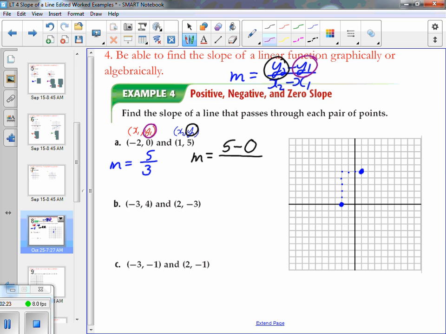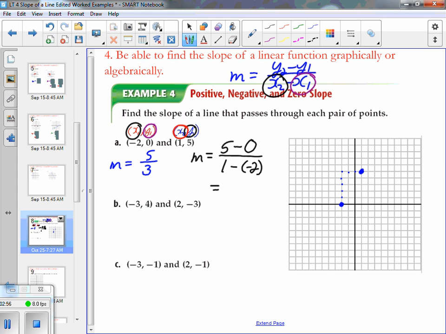Then we go to the denominator. We're looking for x2. It's there, so that'll be a 1 minus, and then we're looking for x1. x1 is there, so it's a negative 2. It's a minus sign and then a negative 2.